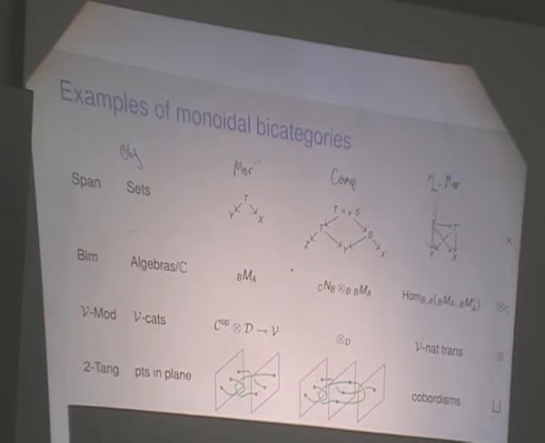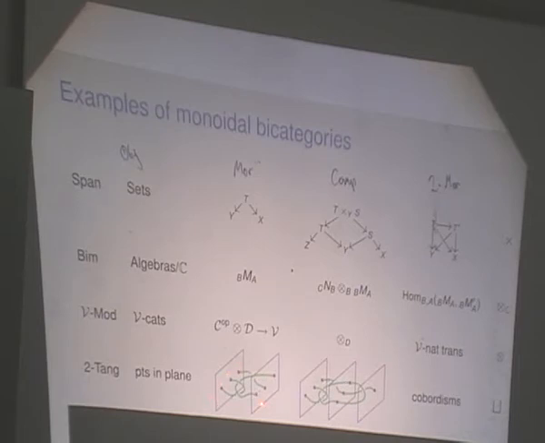So now a more topological example this time, one that I'm interested in. This is the monoidal bicategory of two tangles. In this case the objects are going to be points in a plane. So this is going to be this purple plane, which is going to be sitting like that. And so if I've got a set of points in the plane and another set of points in the plane, what's a morphism between them?